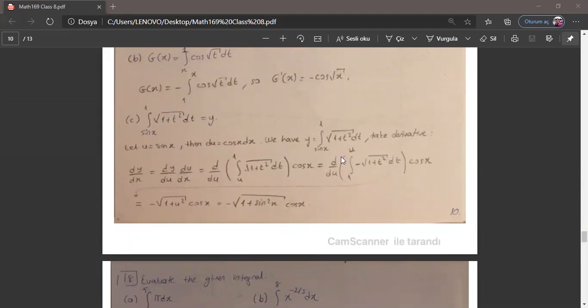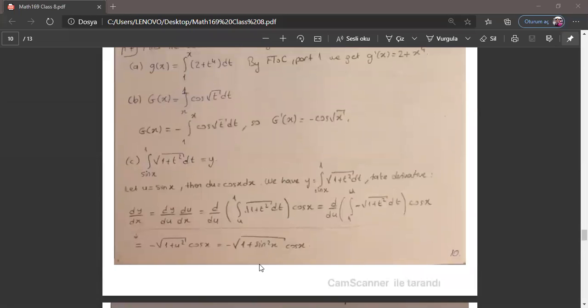So our aim is to compute the derivative of y with respect to x. But now, instead of x, we wrote u. That's why this is exactly the same as this: dy over du times du over dx, okay?